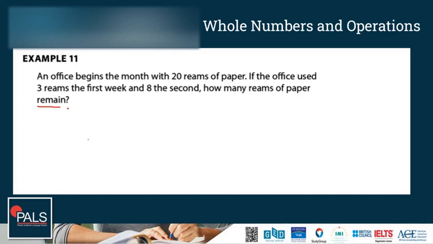So in other words, this problem requires subtraction. So let's do the subtraction. 20 minus 3 minus 8: 20 minus 3 is 17, 17 minus 8 is 9. So the answer is 9 reams of paper remaining.